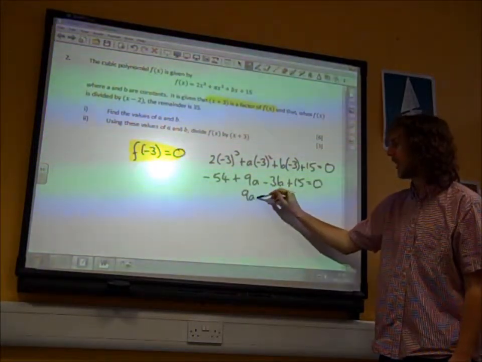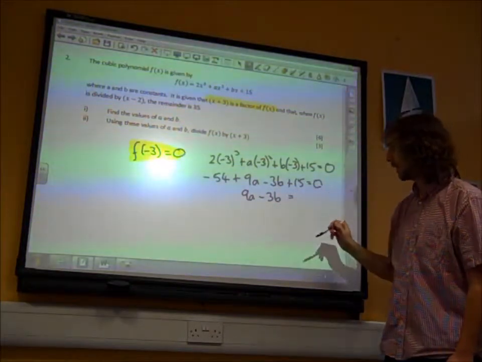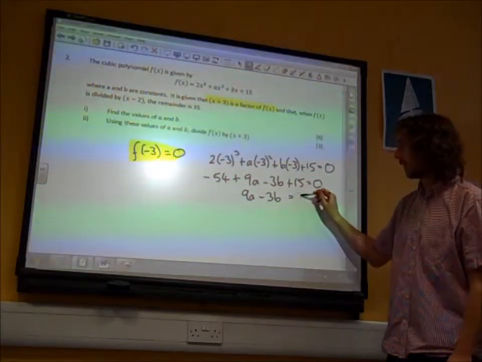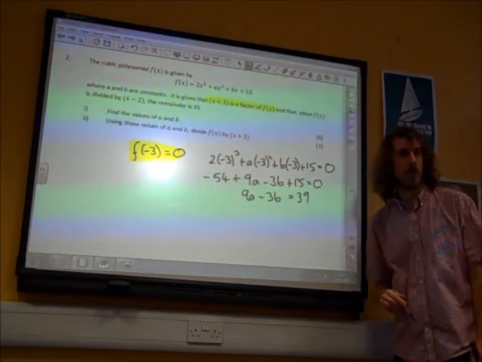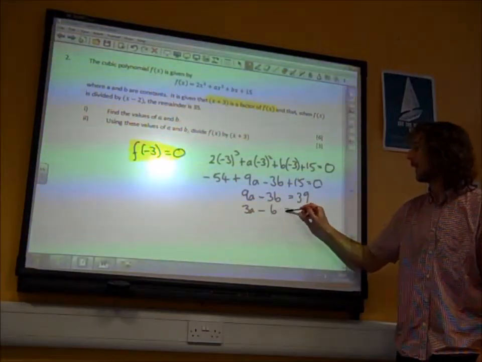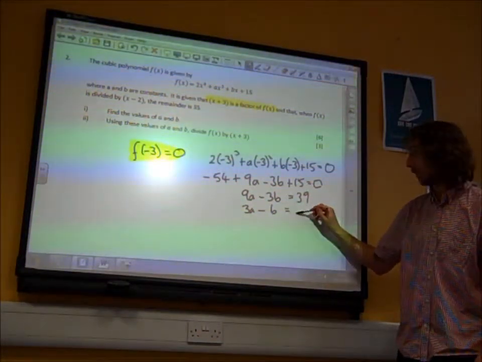So we've got 9a minus 3b is 39, and it probably makes sense for us to divide by 3 because we've got a common factor there. So 3a minus b is 13.